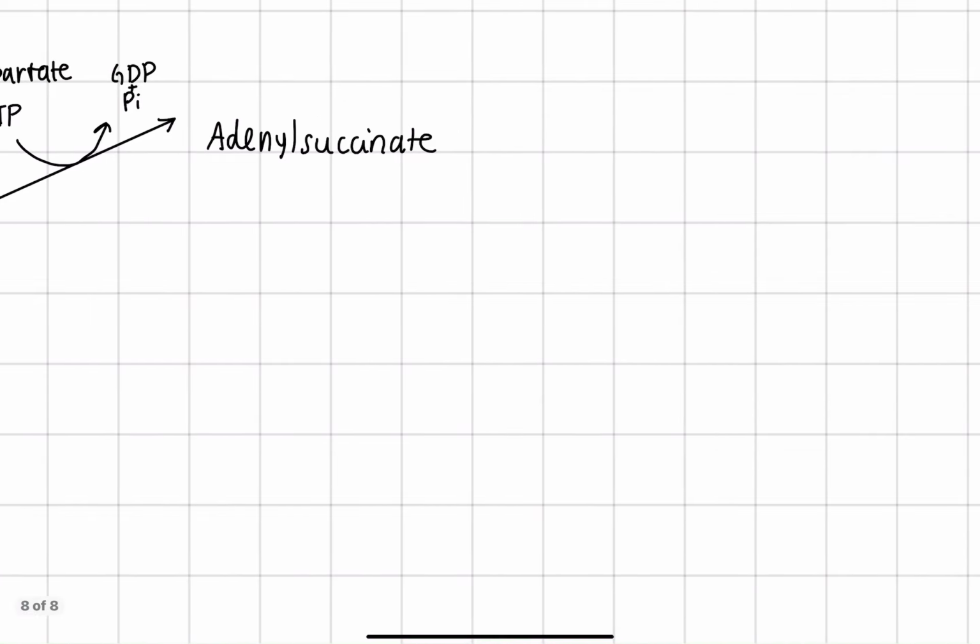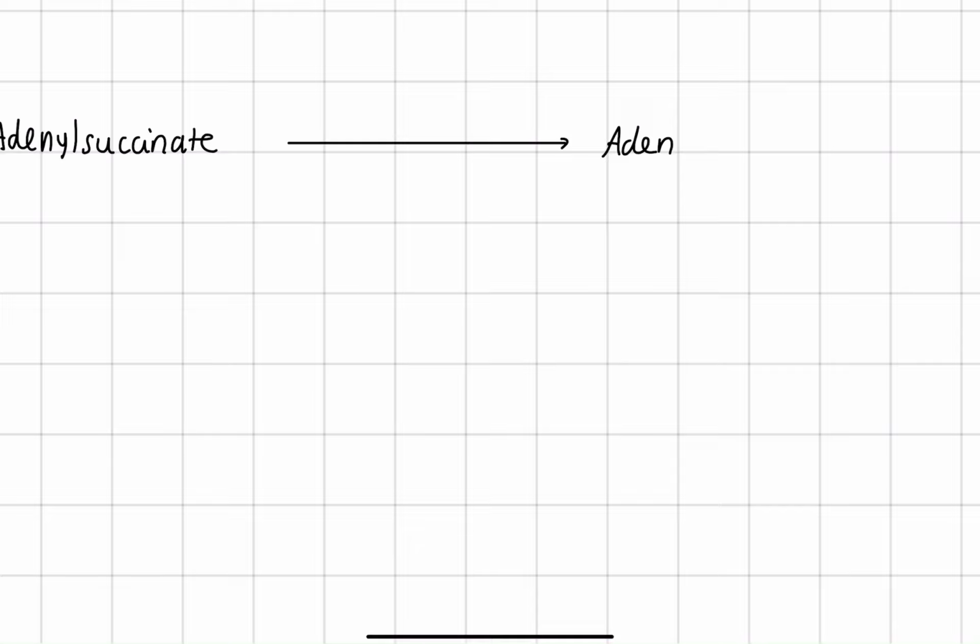And to form adenylate, which is adenylate monophosphate, or ATP, ADP, well, those you just need a kinase to add a phosphate. But first we need to form AMP, a base to add the phosphates.